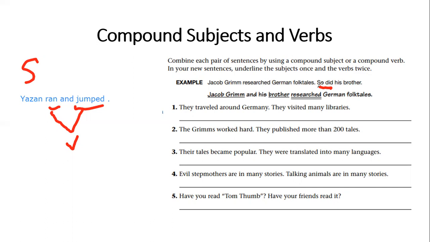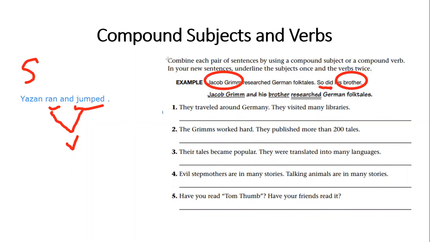So I'm going to connect the brother, let me try to make it clear here, his brother and Jacob Grimm. They are going to be compound subjects, and they did one same action, which is researched German folktales. I don't have to repeat it.